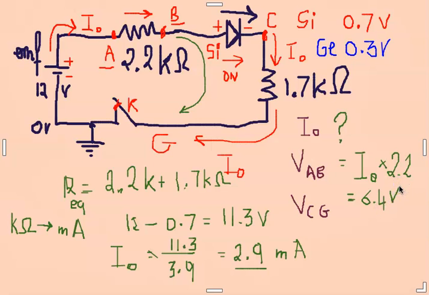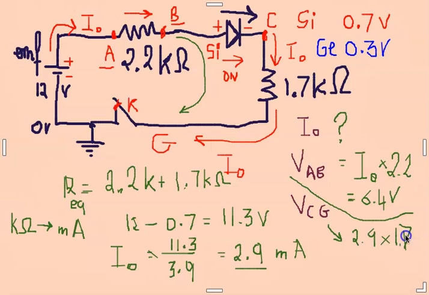And to figure out the VCG, we do the same calculation. That is 2.9, the electric current passing through, multiplied by 1.7, which is the resistor value.